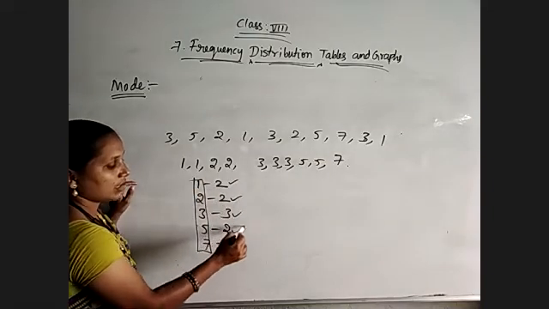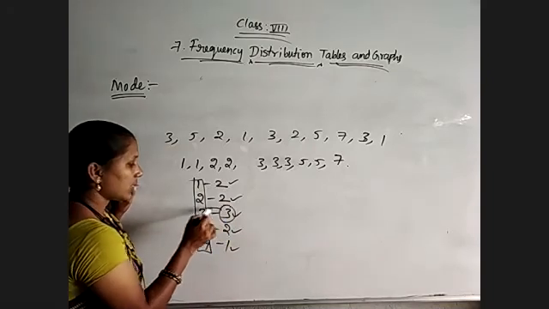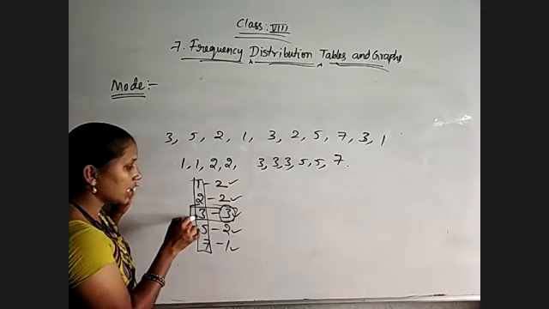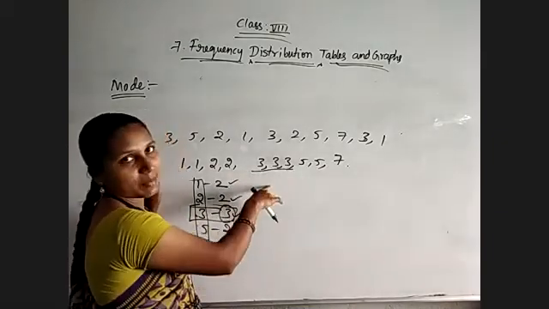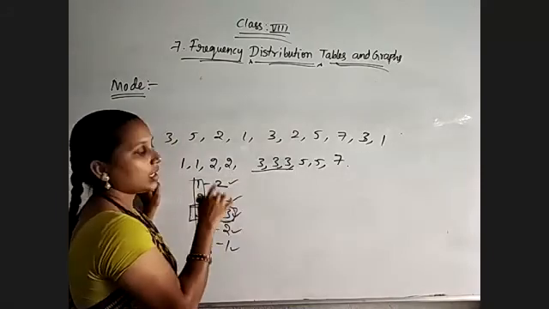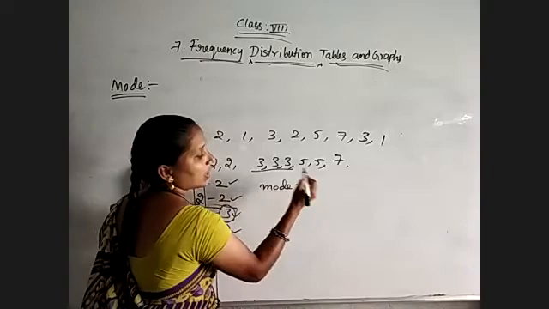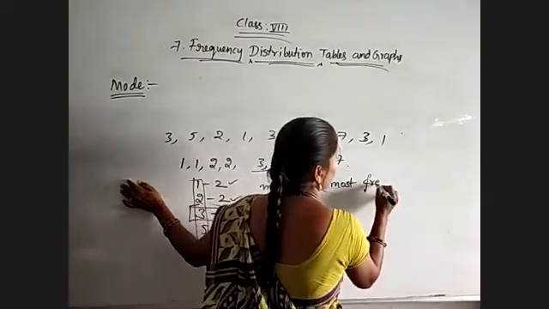Which is occurring more number of times? 3 is occurring more number of times. So 3 is the mode of the data. So the mode of the data is equal to 3, which is nothing but the most frequently occurring data.